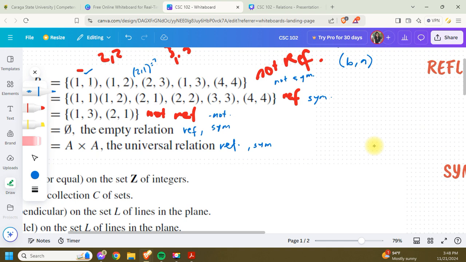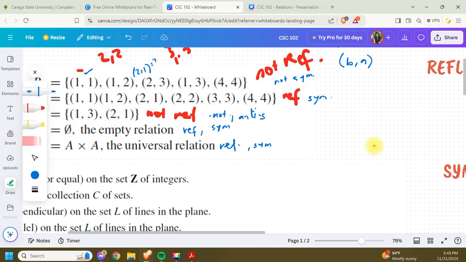So even though the others are not symmetric, since there is a symmetric element here, this is not antisymmetric. This, of course, is not antisymmetric, but this one is antisymmetric. So this is antisymmetric. This is not antisymmetric. And this is symmetric. This is not an antisymmetric relationship.